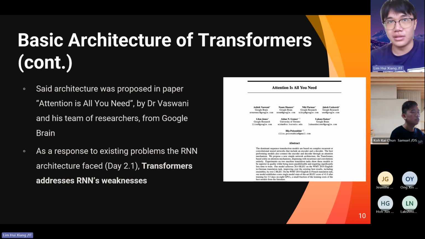Whereas Transformers take advantage of something called cells or units, you can just call it that for now. It's able to duplicate these in order to process multiple key component words within a sentence at the same time. So it makes the whole training process much faster and so much better. Moving on from that.